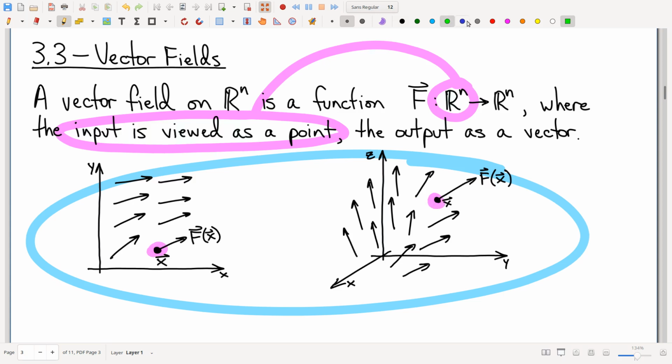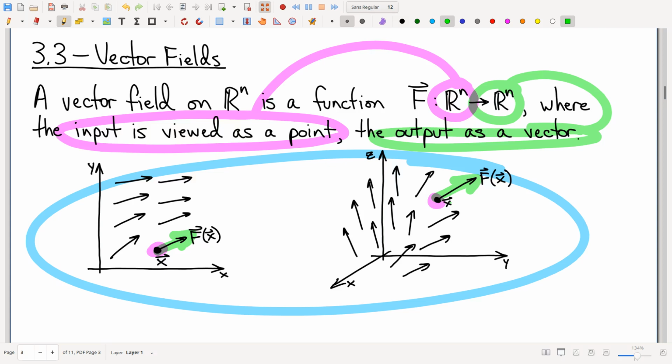And then the outputs are to be interpreted as vectors. And now how do we represent vectors? We represent them with arrows. And the standard convention here is that the output vector will be represented with an arrow whose tail is at the point in question. So that's how we make these pictures.